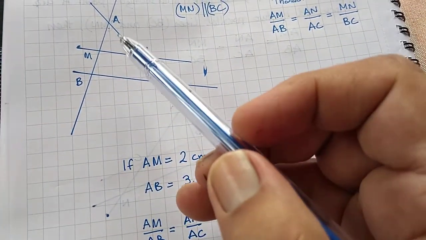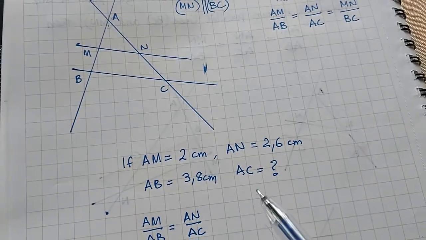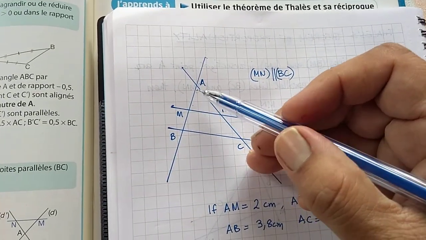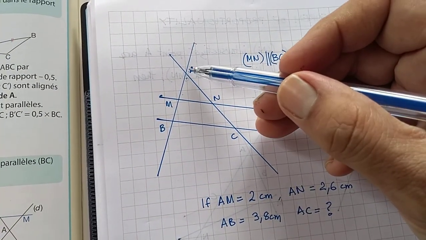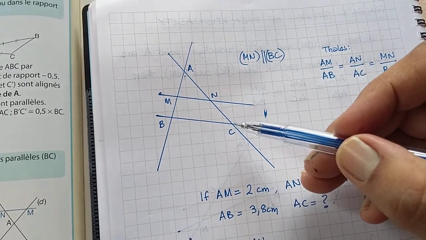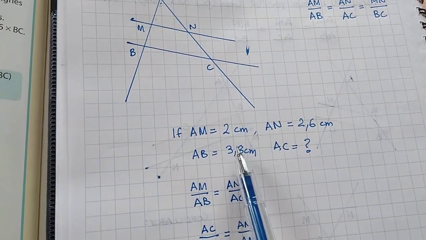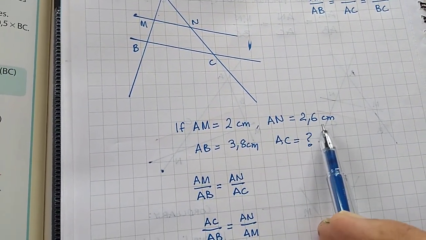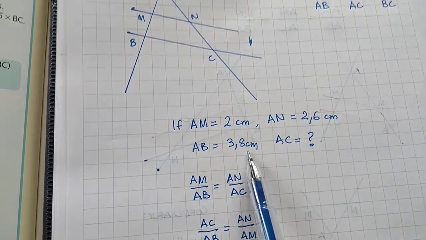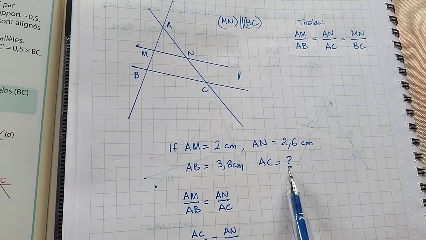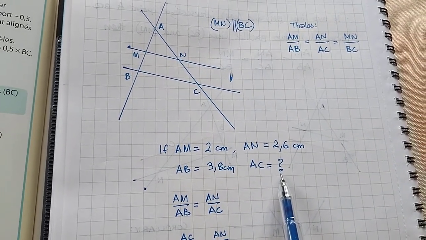And AB is equal to 3.8. What is AC equal to? So basically we are giving you these three dimensions, and we want to find out this dimension, AC.